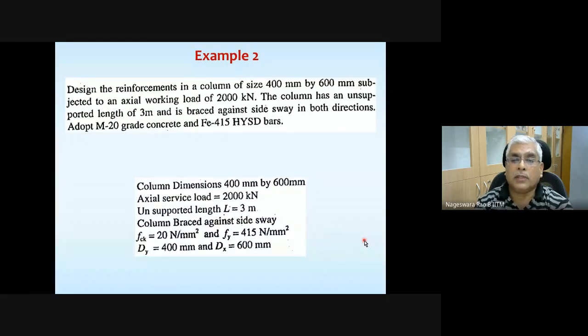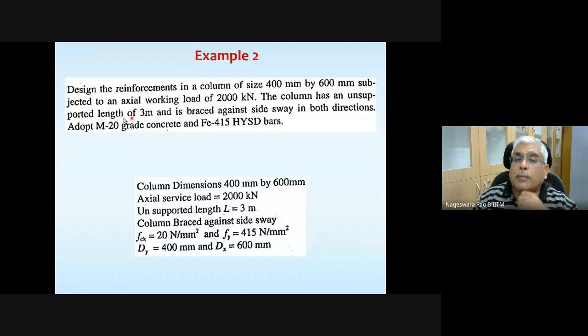The column has an unsupported length of 3 meters and is braced against side sway in both directions. So you don't need to do that stability index check and other things. That information is already given here. It's braced against side sway in both directions.